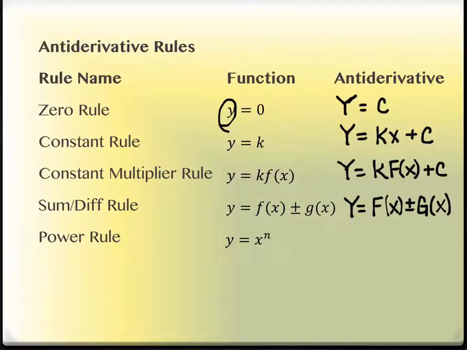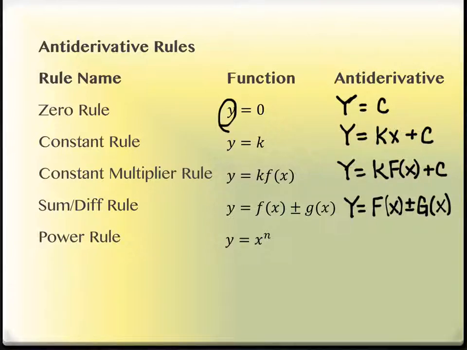Same thing, right? If I've got a sum or a difference, I just take the antiderivative of each piece of it. That's very handy. Notice that's a sum difference issue. That's not for products and quotients, right? Just like with products and quotients for derivatives, it wasn't quite that simple and clean to just take pieces of products and multiply them. Can't do that. Can't do it for antiderivatives either.